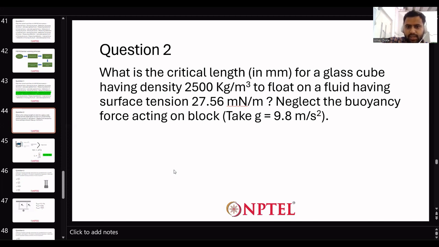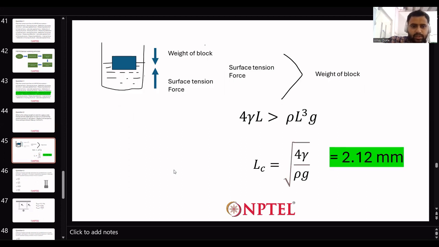So basically, what is the critical length? From this diagram you can see that when a body is immersed in water, there is one force, the weight of the body, acting downward, and a surface tension force, the force of the liquid, going upward.